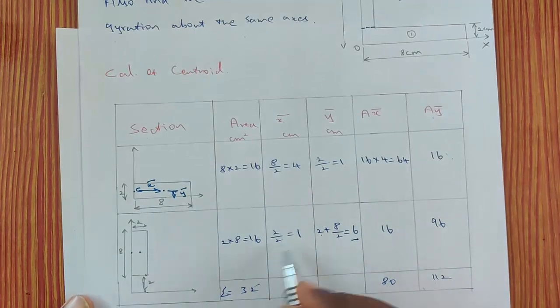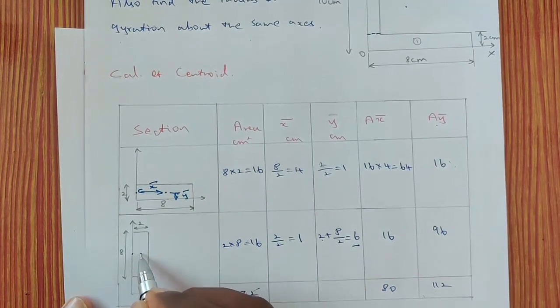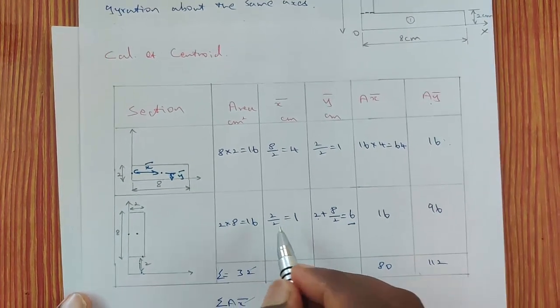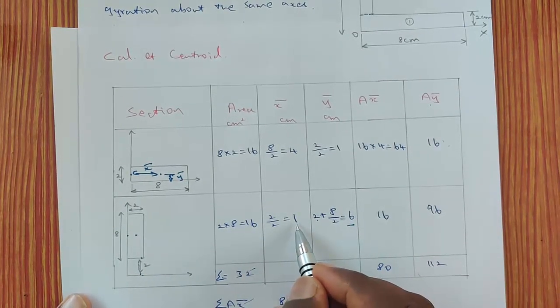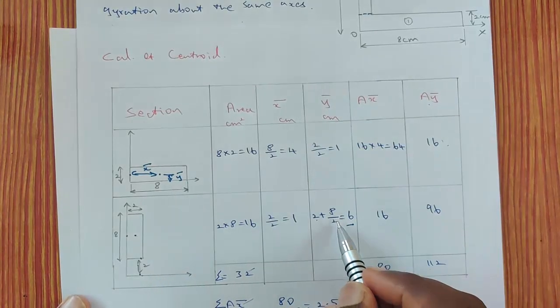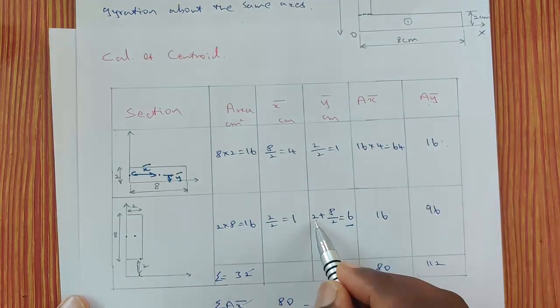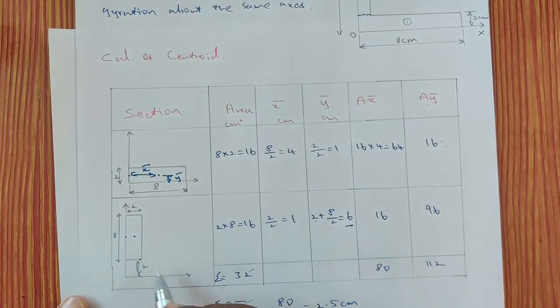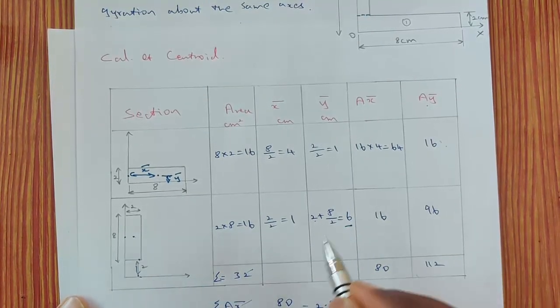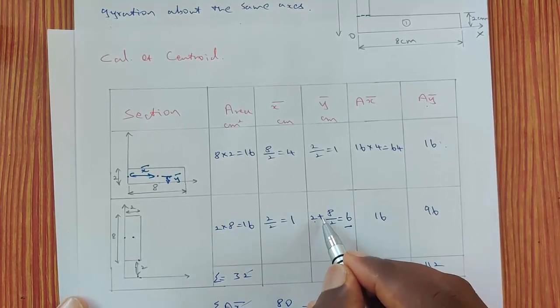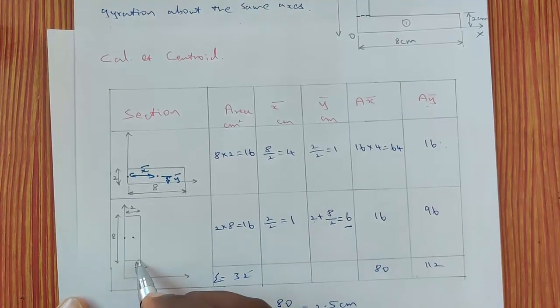X bar is the distance between y-axis and the centroidal point. The overall length is 2, so by dividing the 2 by 2, x bar is equal to 1. Then when we calculate y bar, first put the empty space between the section and the axis. It is 2, then after 2 the section is starting.